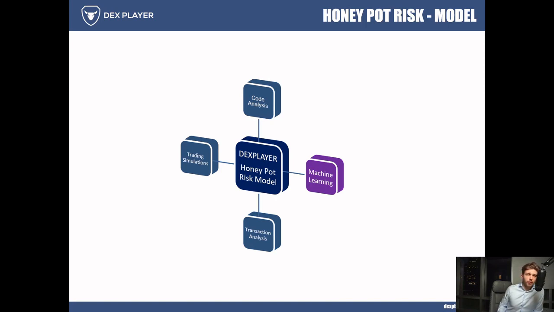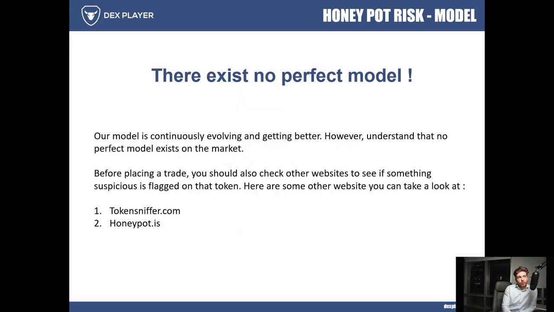And then finally, we have the machine learning pillar, but this is an upcoming feature of the honeypot risk model, and it's under development. It's going to be ready in 2024. And what we have to know is that there's no perfect honeypot risk model.